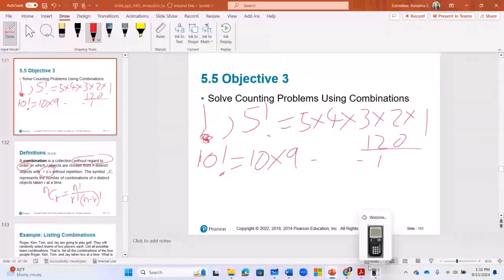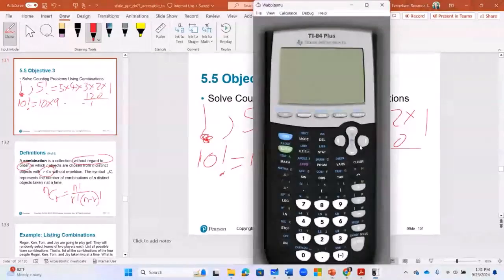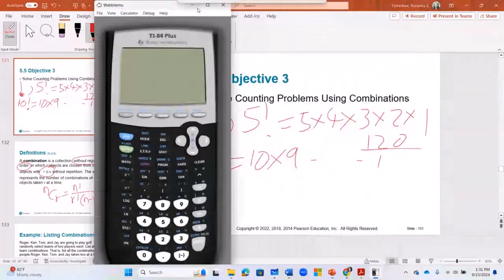How can I find 5 factorial with my calculator? Anytime I'm told to evaluate factorial, I can evaluate it by hand, but 10 factorial becomes too cumbersome, so some of them I have to do with my calculator.